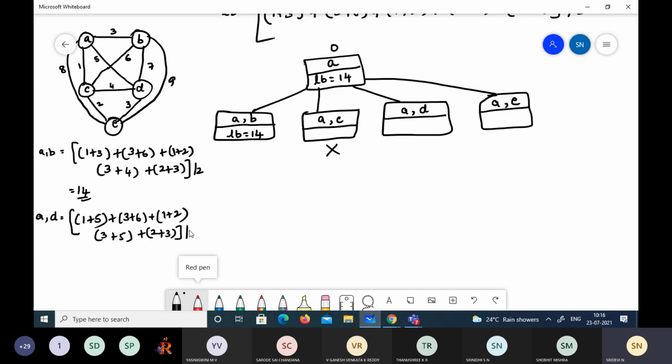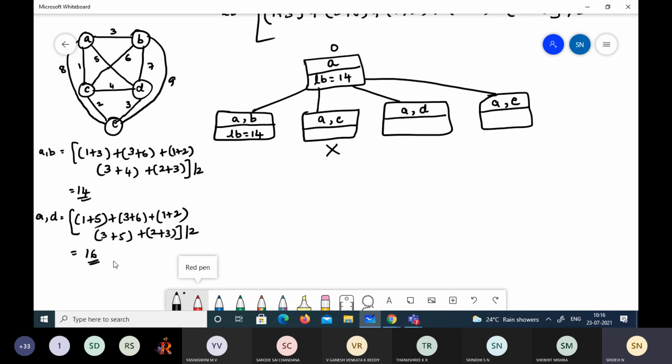Okay, by 2. So how much is this? This will come to 6 plus 9 is 15, plus 3 is 18, plus 8 is 26, plus 5 is 31, by 2. How much is it?